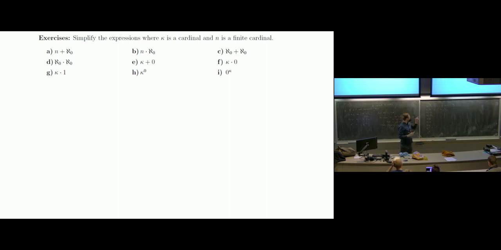Next, aleph null plus aleph null. If I have a copy of the natural numbers, and then I have another copy of the natural numbers, but I'm pretending they're disjoint, so I've tagged them with something so I can remember, and I take their union, can I list off all their elements one by one? Can I still form a bijection?